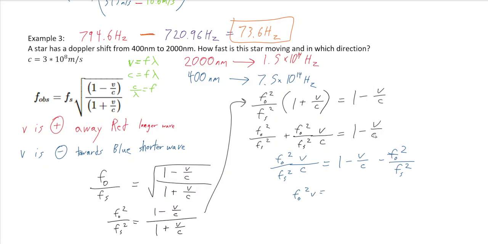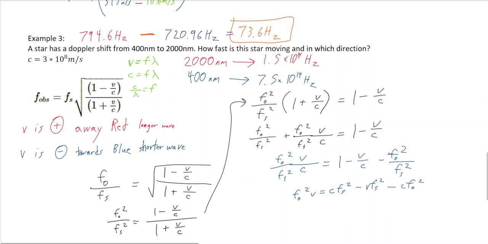I'm going to take this one step at a time. So c times f_s squared minus, and then c is going to cancel, which is nice, v times f_s squared, and then the f_s squared is going to cancel, but the c is going to stay, so it'll look like this.